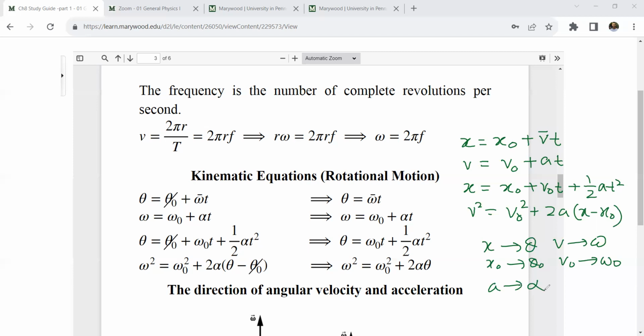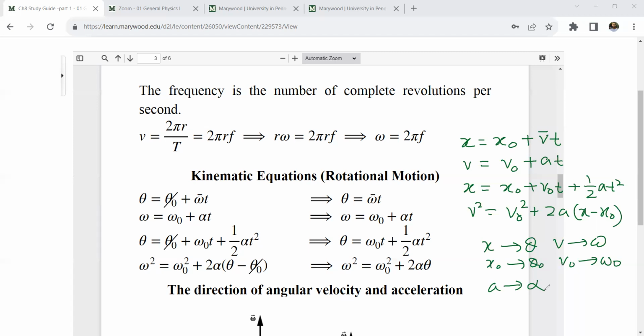If you replace all the linear quantities by the angular quantities, without knowing a lot of detail, we can write the 4 equations for rotational motion. Those we call the kinematic equations for rotational motion.